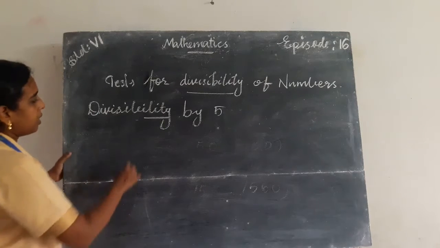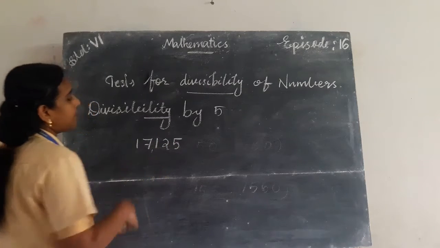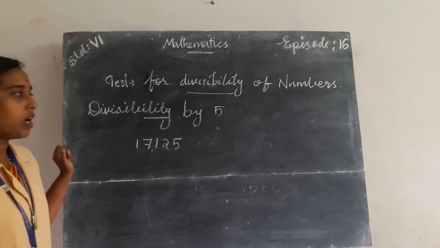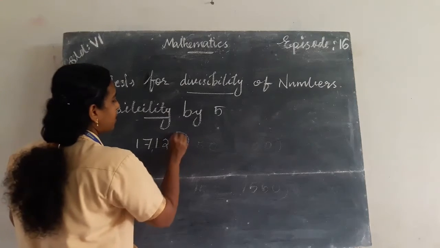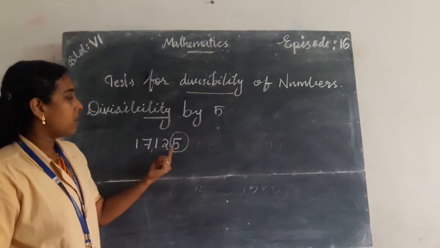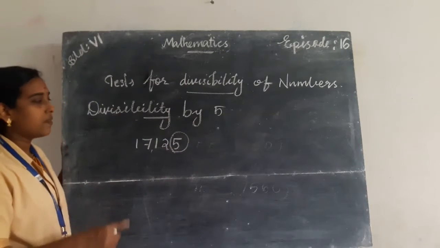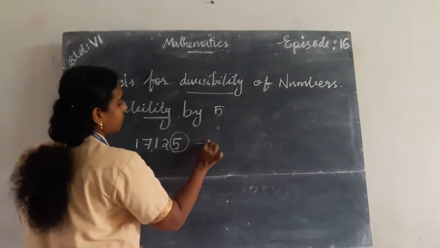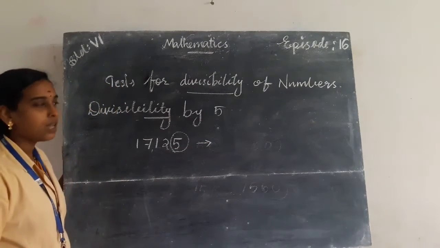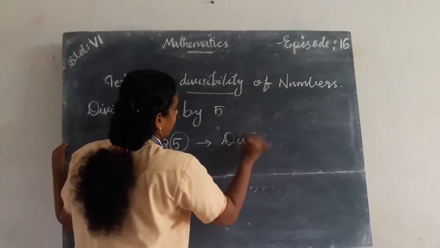For example, when a number is given, 70,125, here 5 is in the ones place, so we can say that this number is divisible by 5.